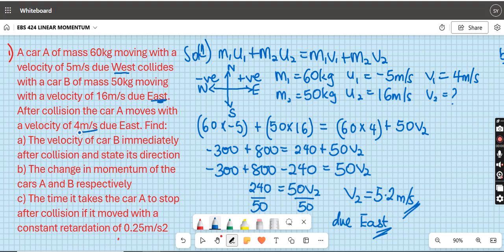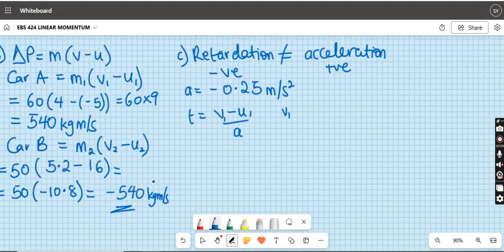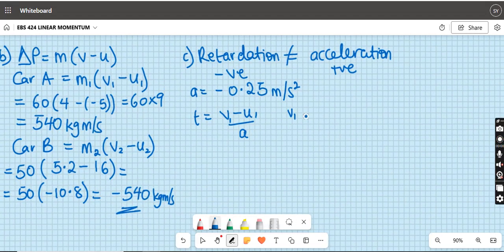Now after collision, this was car A's velocity, so now this one will become u1. And after collision, it means that it came to a stop. If it came to a stop, our v1 will be 0 meters per second. Okay? So let's consider that. So our v1 is 0, and our u1 is 4 because we are looking at after collision, not before collision.